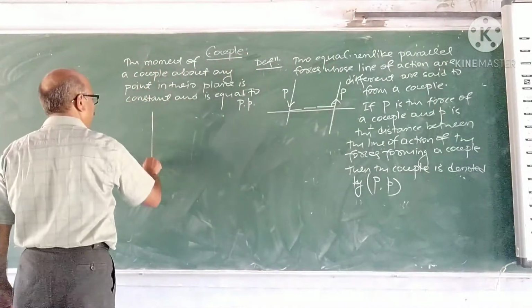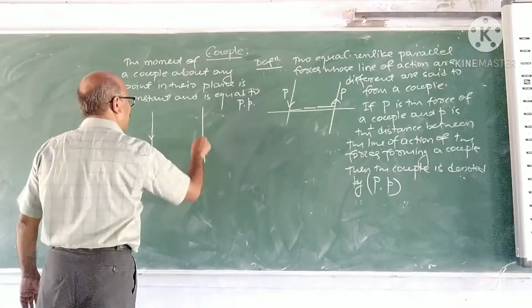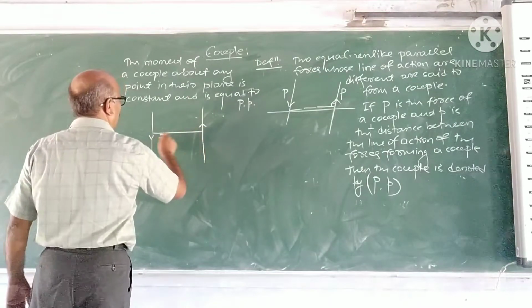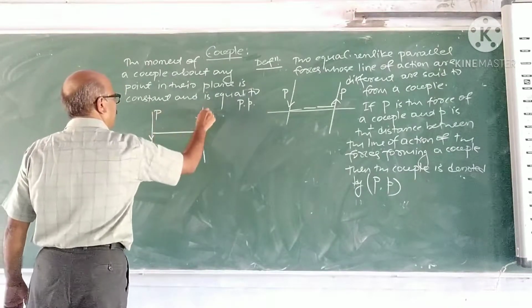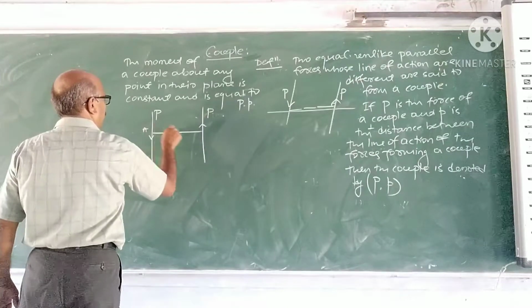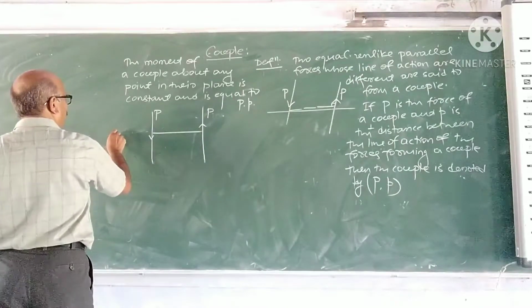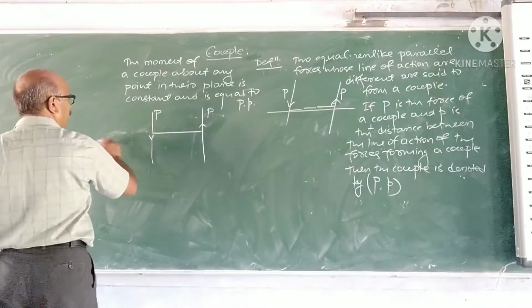This is because, suppose this is the couple, (P, p) is the couple, and O is the point where moment is to be taken. I take O here.